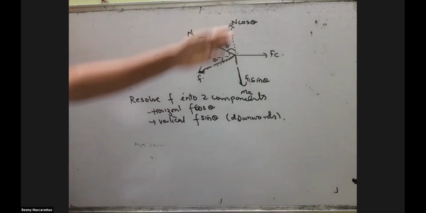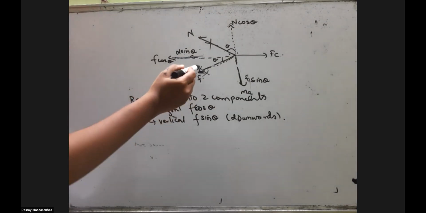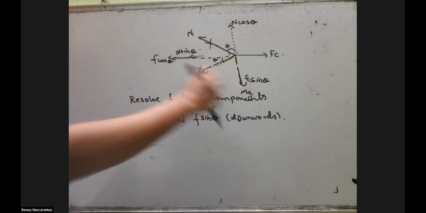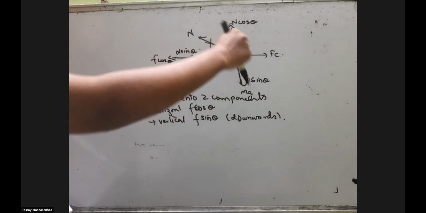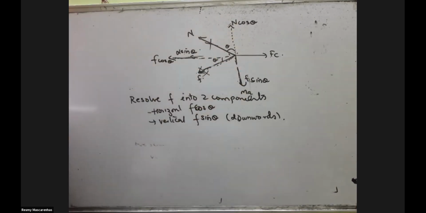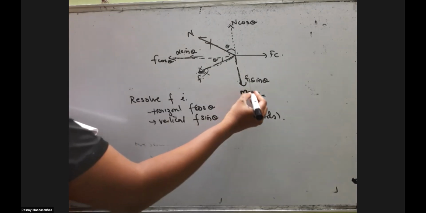So now let us equate the vertical forces. This and this are not to be considered because we have already resolved the main F into two components. So which are the vertical forces now? This and this. Oh, here also there is mg.